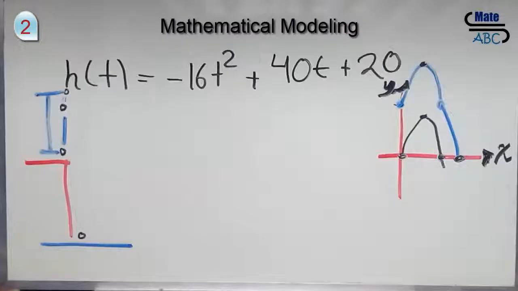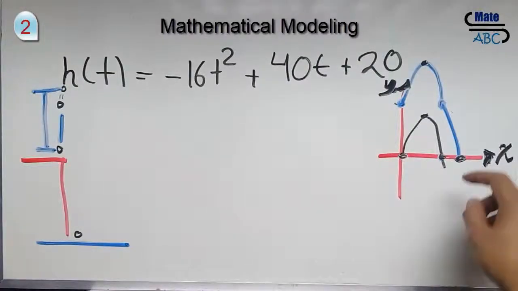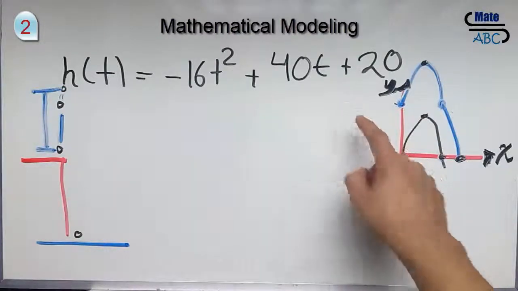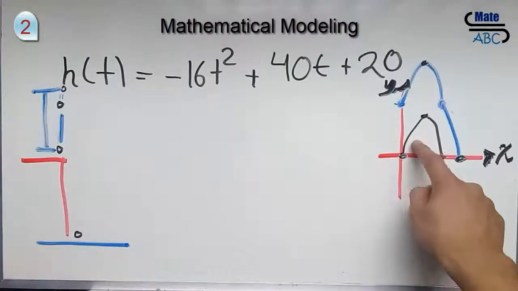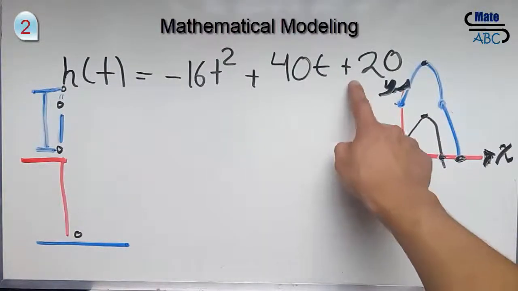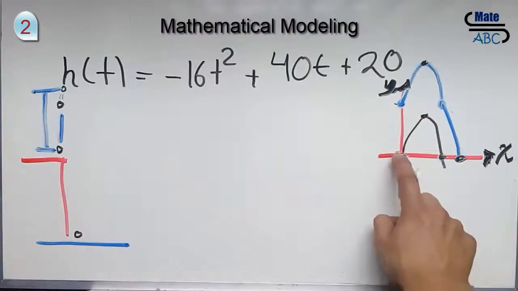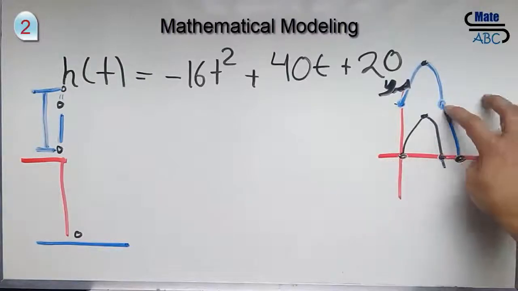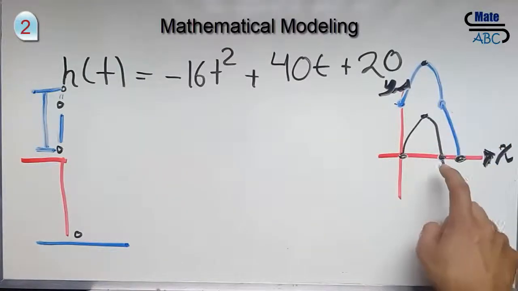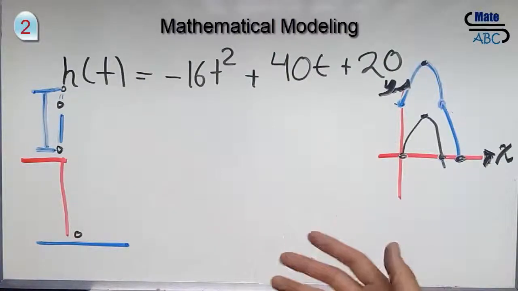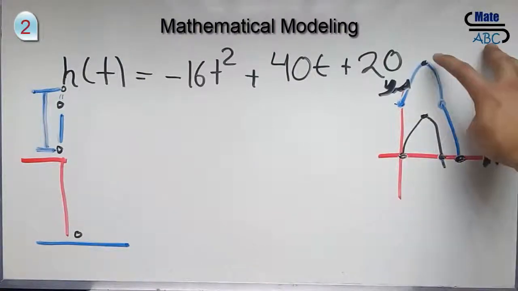Okay guys, so as you can see in the graph, the blue one is this function, but the dark one is subtracting 20, because this point minus 20 equals this. So we need to find this height.